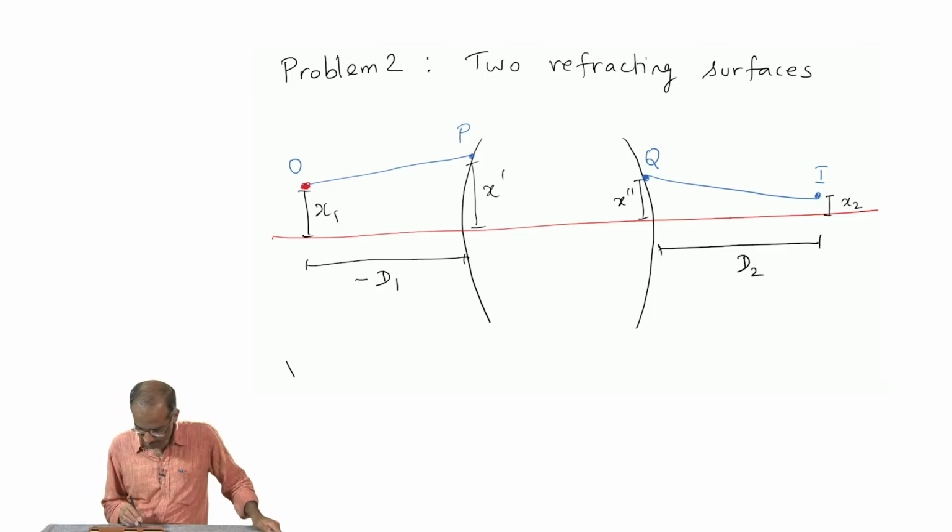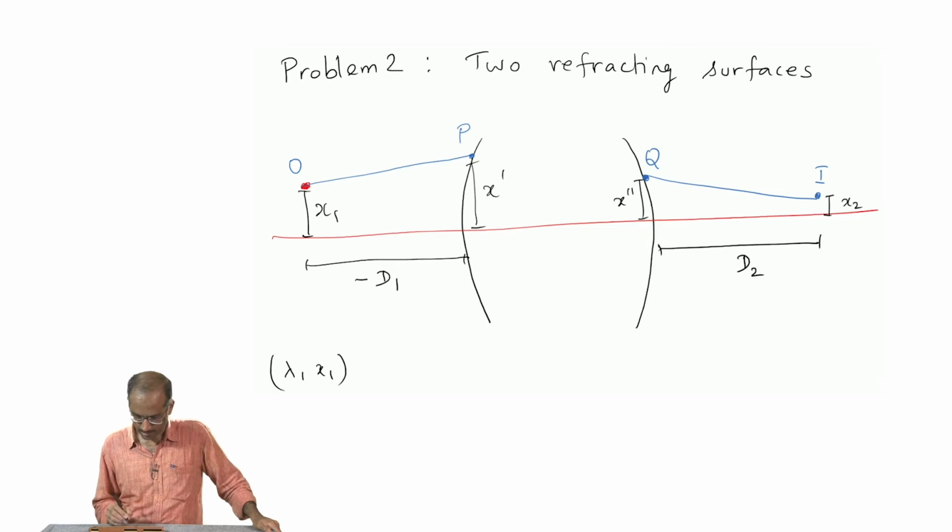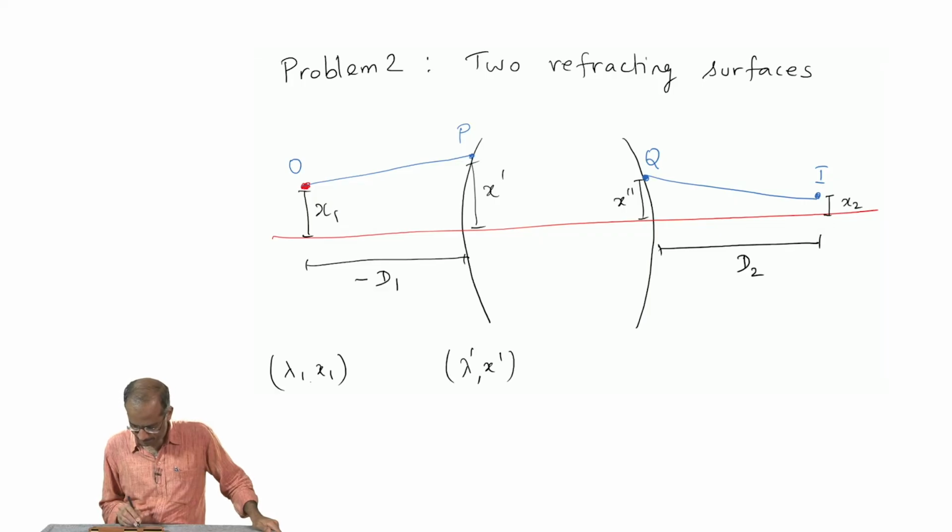So, the first point has coordinates lambda 1 x 1, and here I have lambda prime x prime, lambda double prime x double prime, and lambda 2 x 2.